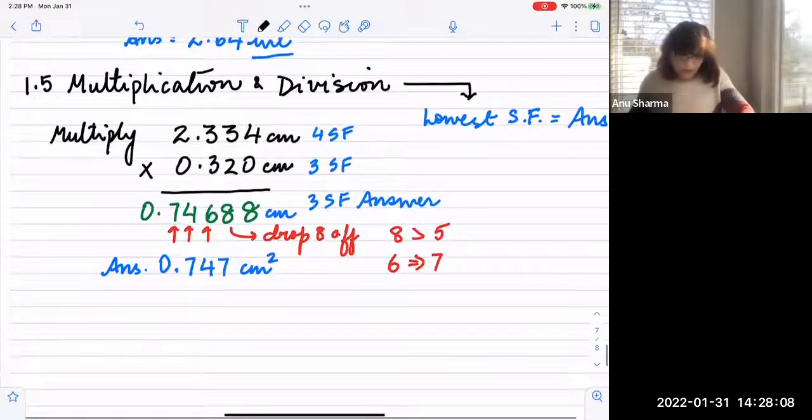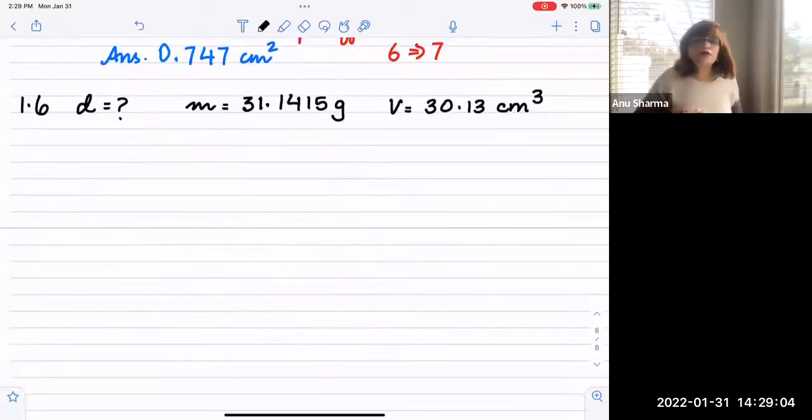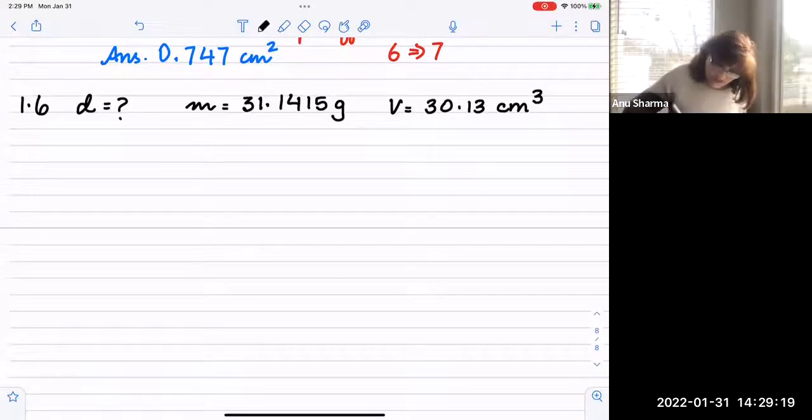Anyway, here we have the next problem, 1.6. Let's look at that one. Okay, so here the question is, what is the density of a liquid? The mass given is 31.1415 grams and the volume given is 30.13 centimeter cube. So we know, always write the formula.